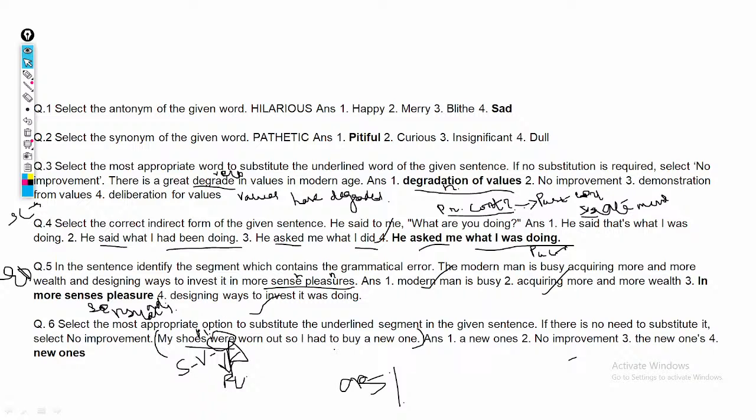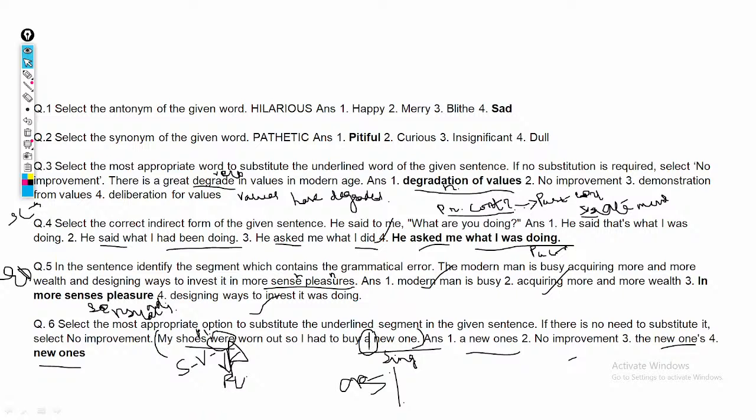So I had to buy a new one. This is not agreeing with the sentence because this is singular, right? A new one means one thing. A means singular, but we can't write a. So what is the correct change? A new ones? No, we can't do that. The new ones, that is also not correct. Straight away new ones. We will omit a.